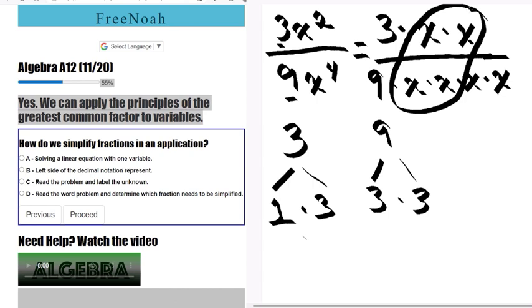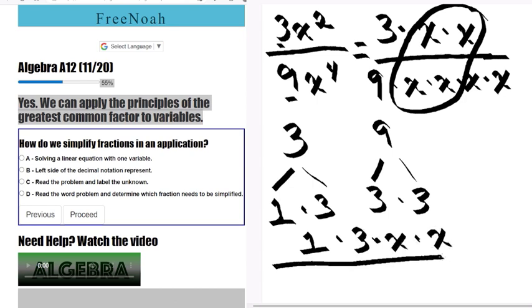Now let's rewrite this entire thing as 1 times 3 times x over 3 times 3 times x times x times x times x.